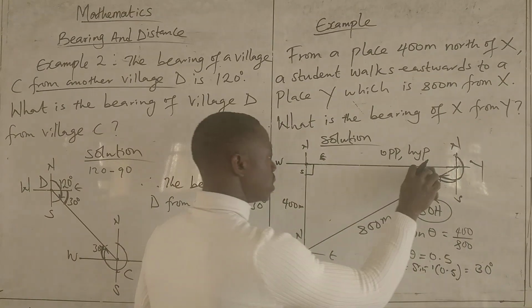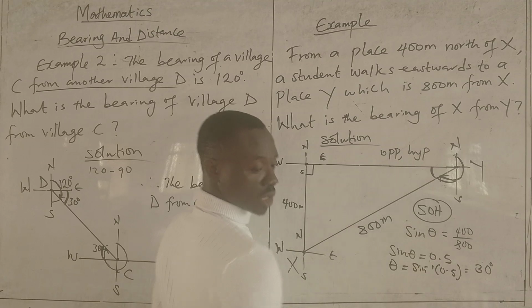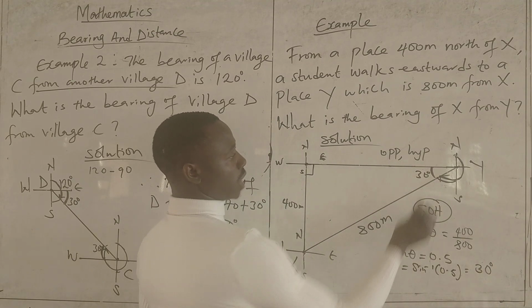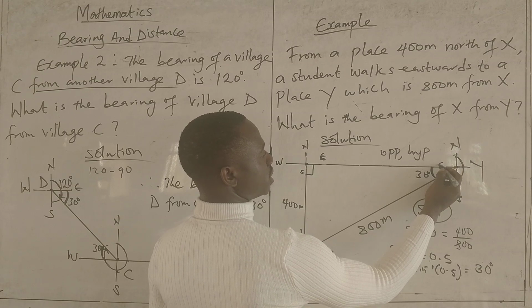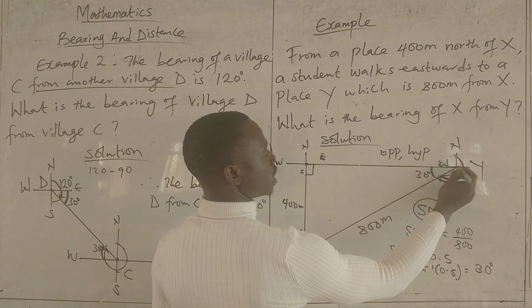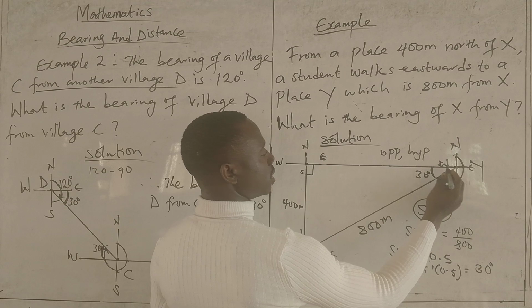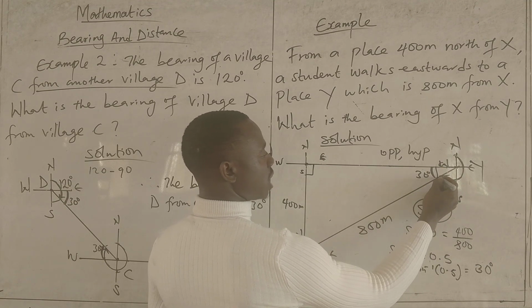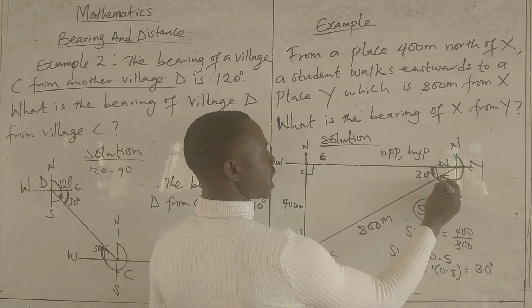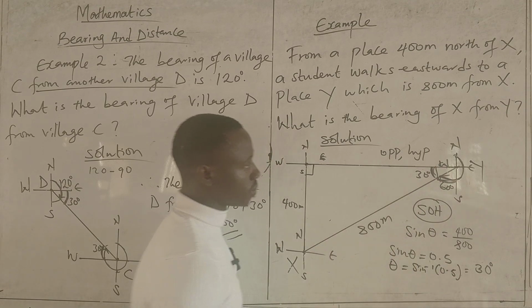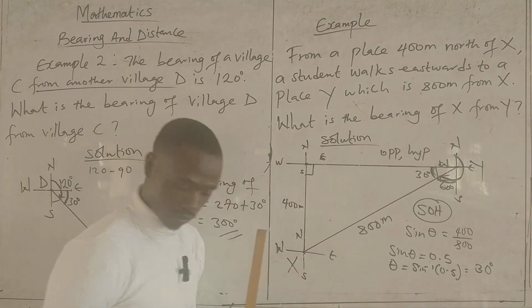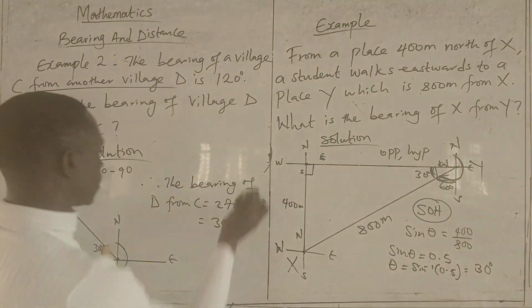This angle is 30 degree. And you know that since here is going to be the east of y, from west to south is 90 degree. And this is the angle we need. So 90 minus 30, that's 60 degree. So what's now the answer?